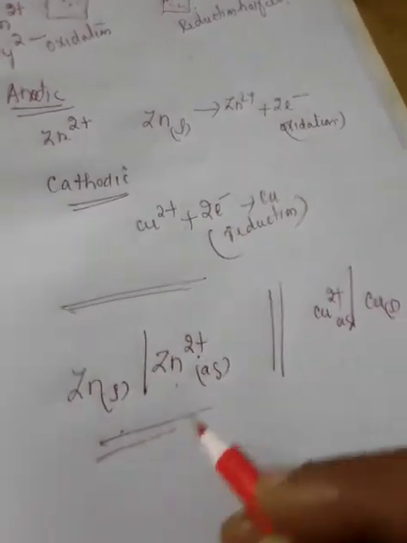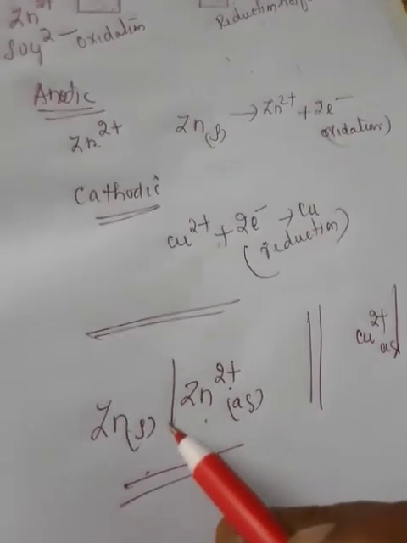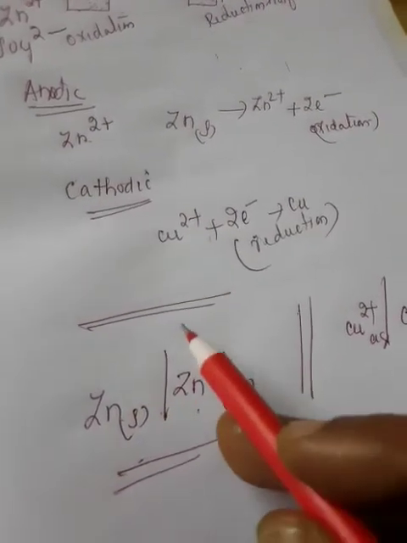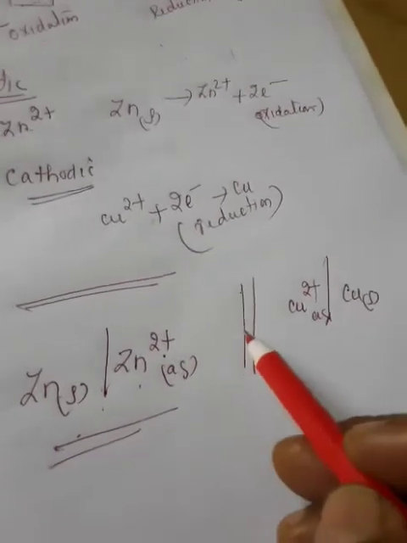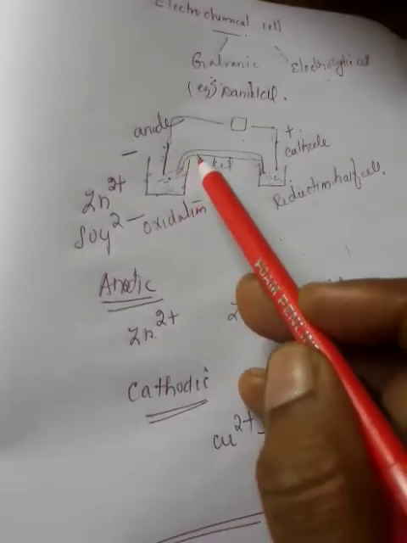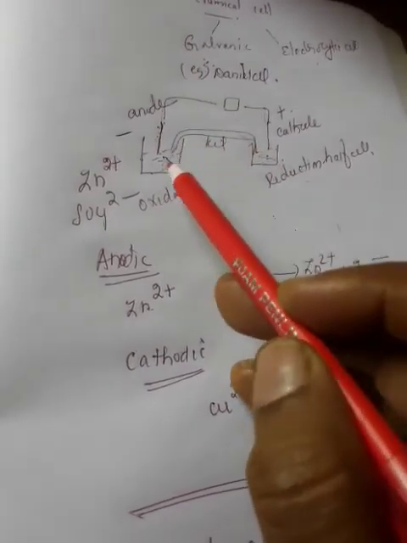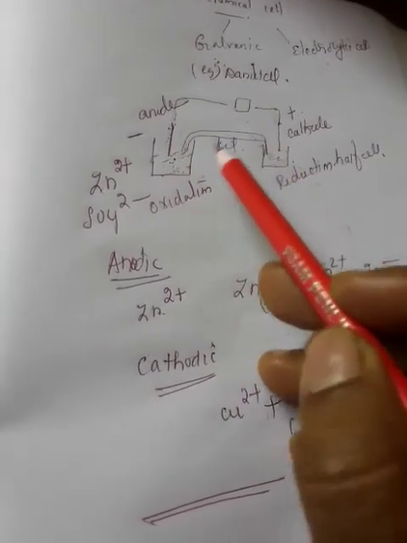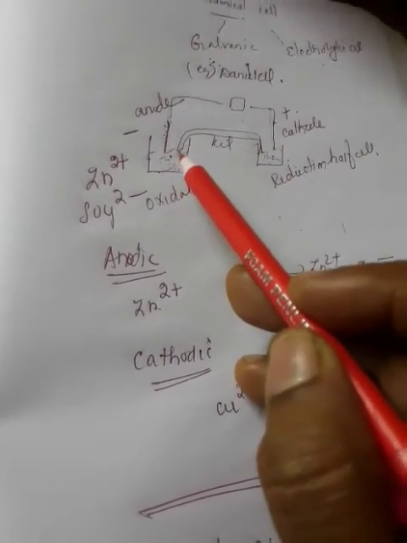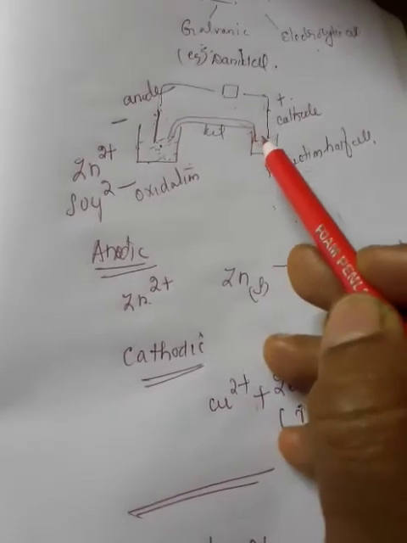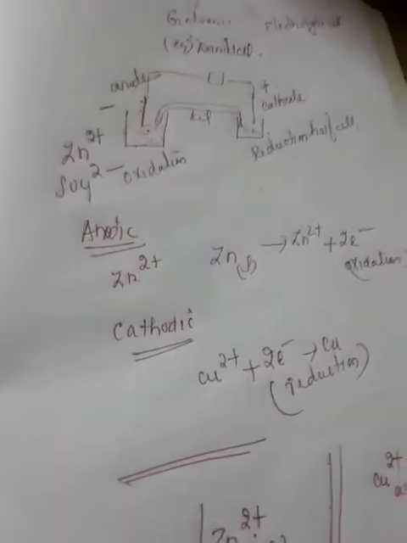The single vertical bar represents the phase boundary, and the double line represents the salt bridge. It will not allow the solutions to mix, but it permits the ions to flow from here to here or from here to here. But the solution will not get mixed.